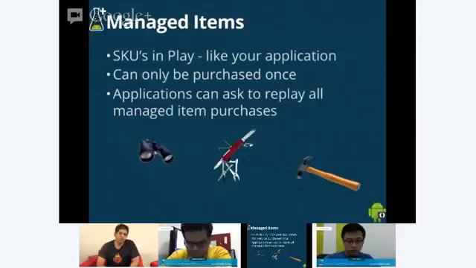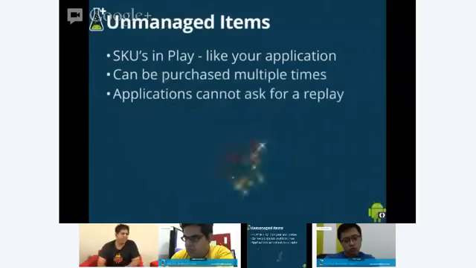But there can be times where you've found some gray areas in your logic where, even though a transaction was successful, your app hasn't picked it up. You've got this option to replay transactions and restore the user's purchases effectively. So managed items are really great. They're called managed items because we allow you to replay them, and we track them for you server side. The next type of items are unmanaged items.